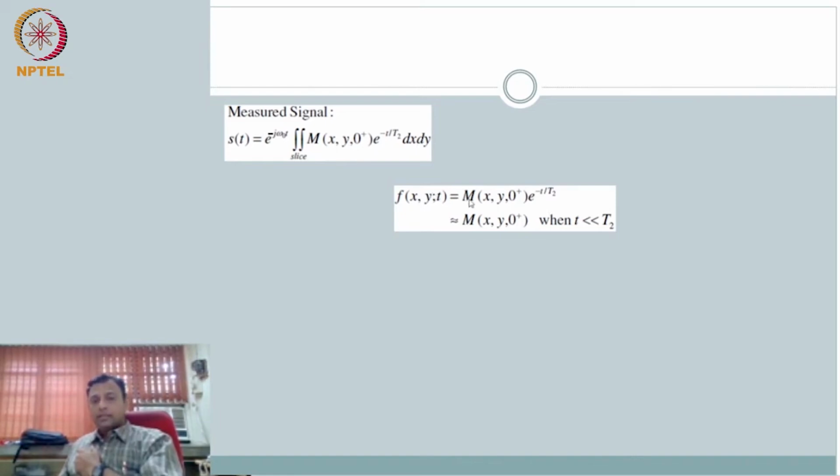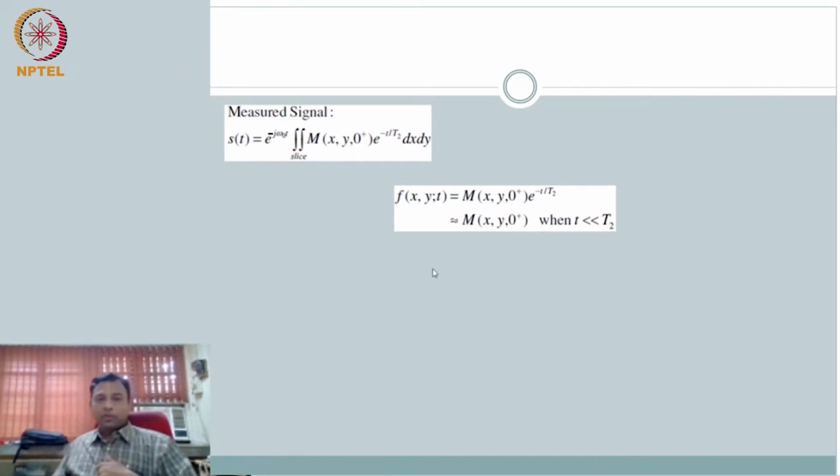This is my signal. I want to write it in signal form so that you start to recognize the generic signal form of f of xy. Of course, this is approximately equal to mxy0 plus, if you consider a time instant that is much shorter than your T2, right? Very straightforward.